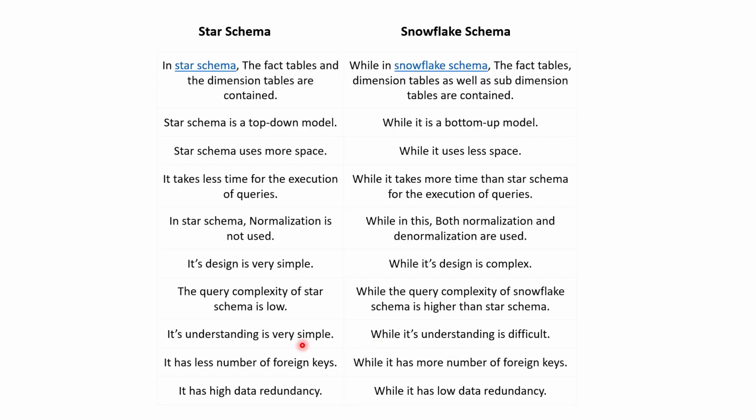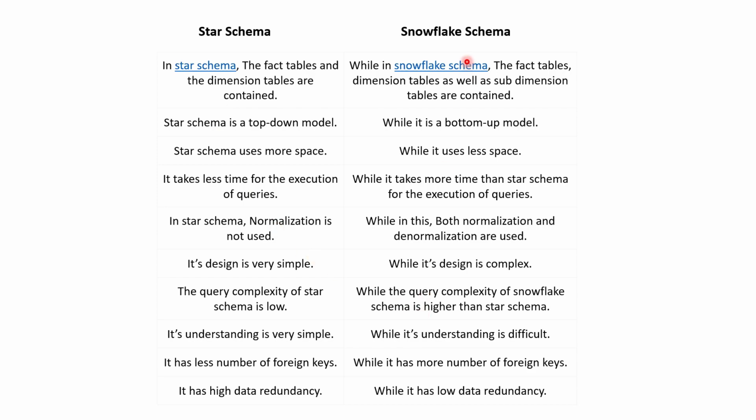Next, understanding is very simple for Star schema, while understanding is difficult for Snowflake schema. Star schema has fewer foreign keys, while Snowflake has more foreign keys. The data redundancy is high in Star schema. Why? Because here you don't see the sub dimensions, so the data is redundant, meaning duplicate entries are found more and more.